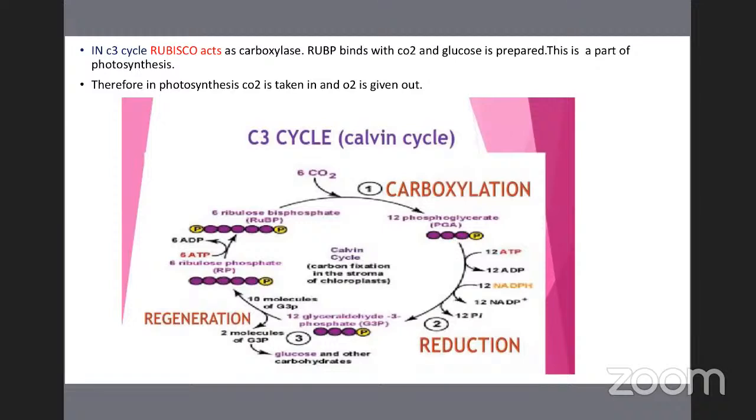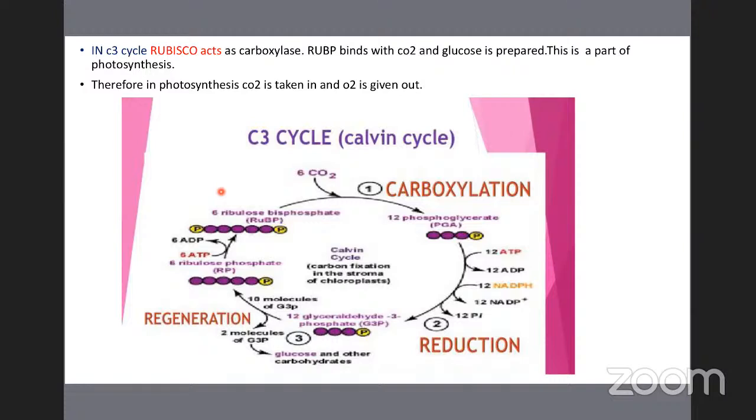Before studying photorespiration, let us recall the Calvin cycle, or C3 cycle. In the C3 cycle, Rubisco acts as carboxylase. It means RUBP binds with CO2 and prepares glucose. This is part of photosynthesis: CO2 is taken in and O2 is given out.